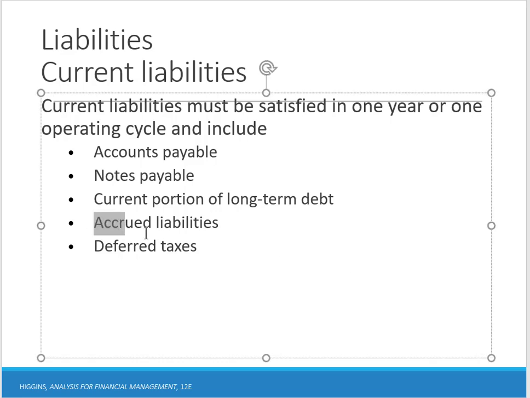The accrued liabilities and deferred taxes, this is an accounting mechanism, right? It's what's referred to as the accrual basis of accounting. Almost all businesses run on this, and essentially this is just a way of taking into account those transactions that are short term that go from one accounting period to the next accounting period.